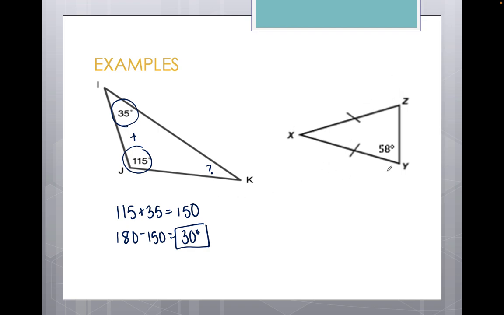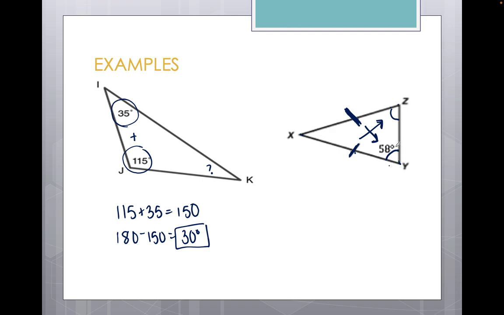In this second example, we only have one angle marked, but if you notice, we also have these lines on the sides XZ and XY. If you recall, this side here, XY, corresponds with the angle over here, angle Z. And this side, XZ, corresponds with this angle over here, which is angle Y. If these two sides are equal, then their corresponding angles are also equal.